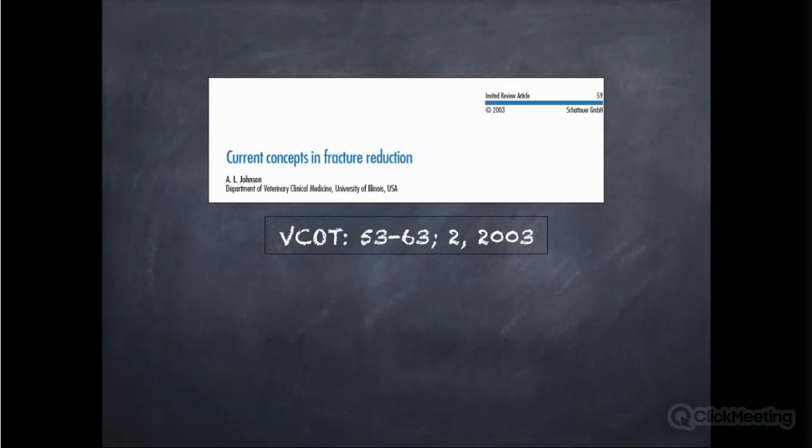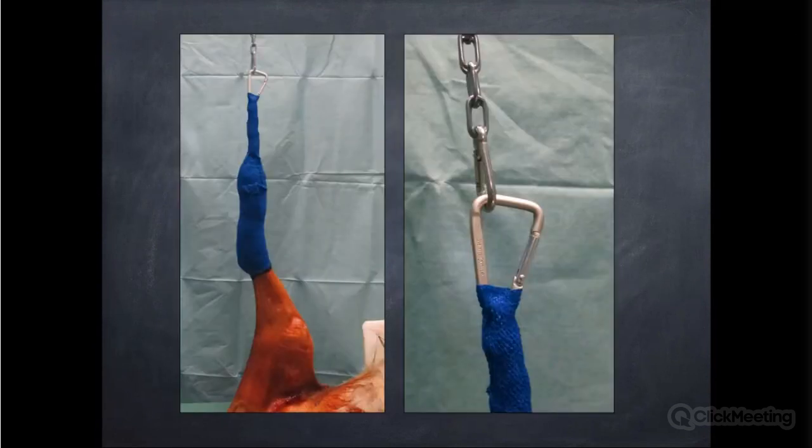So trying to establish some kind of principles that can be used for fracture reduction. And one of the most useful principles in my experience was the hanging limb technique.